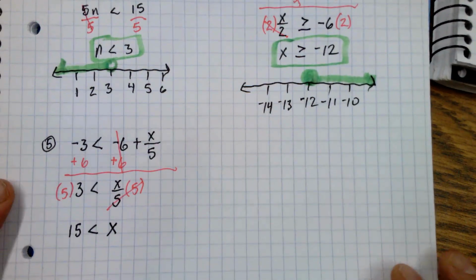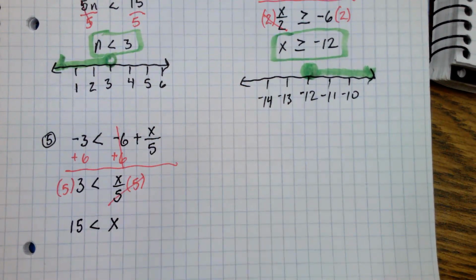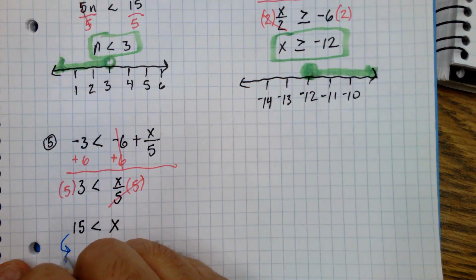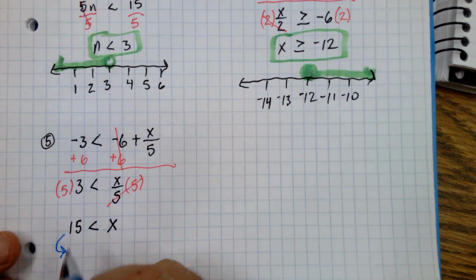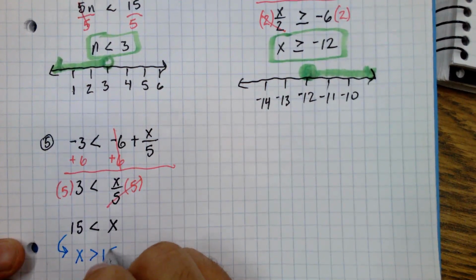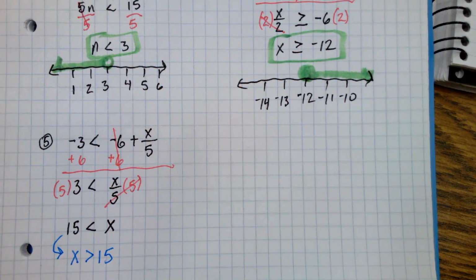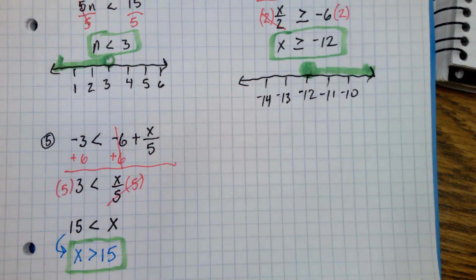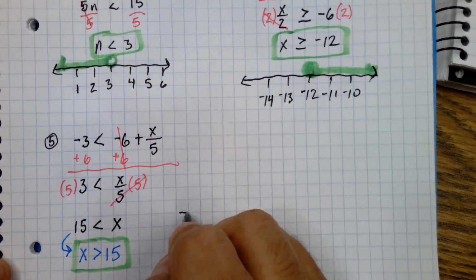15 is less than x. What's that now? Yeah. Here's another one where we have the variable on the right rather than the left. Let's turn it around. Let's give it a flip. So I'm going to rewrite this. It's the same inequality, but now we're writing it as x is greater than 15. Okay. So this is the one we want to graph. Okay. So I'm going to do the graph to the right. I ran out of room here.